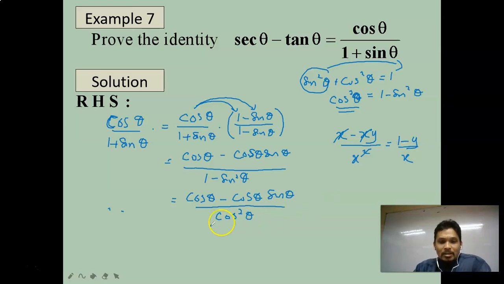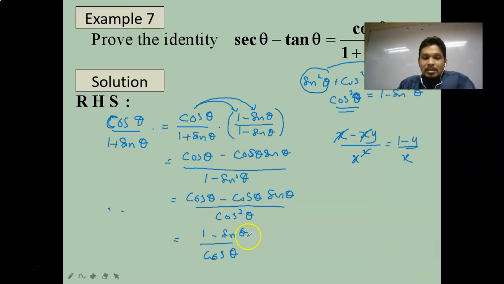So in this case, cos divided by cos is 1, minus sine theta divided by cos theta.